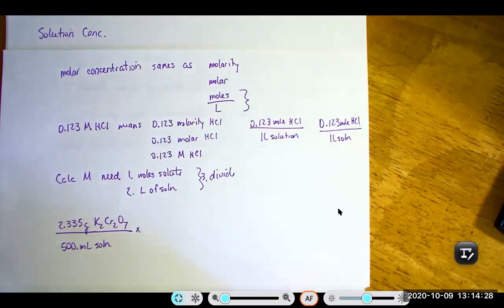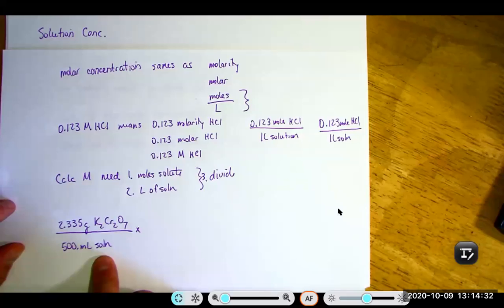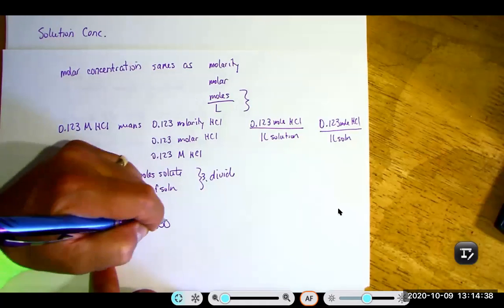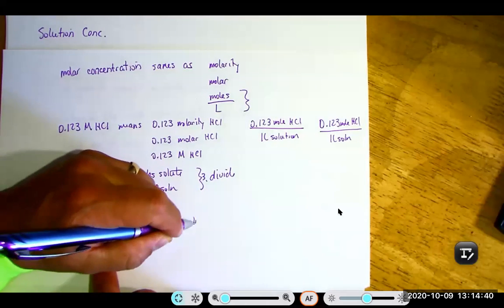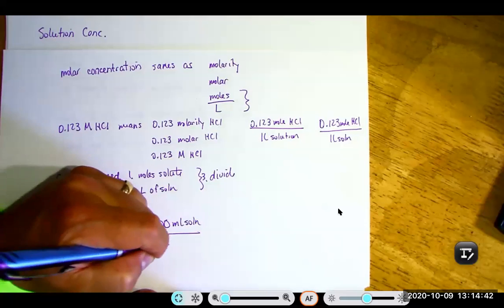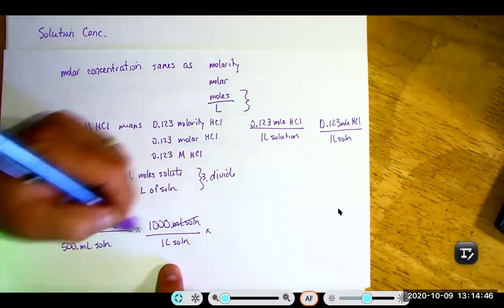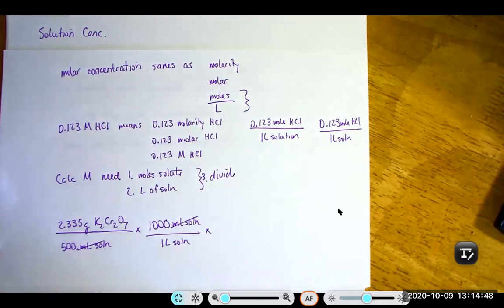So I need to turn that into moles, and I need to turn that into liters. I'm going to start down here because it's easier for me to do. Okay, so now I will have liters of solution on the bottom.